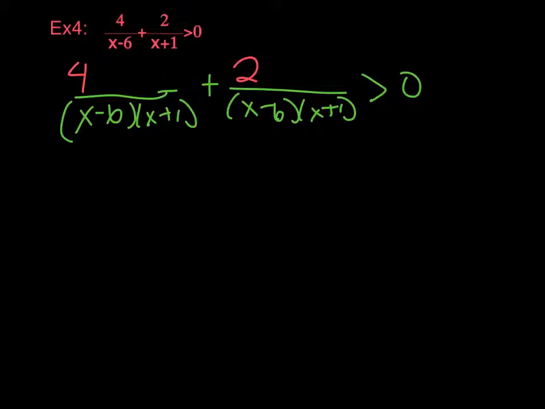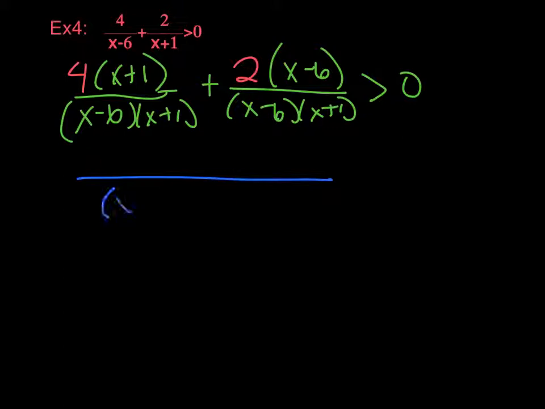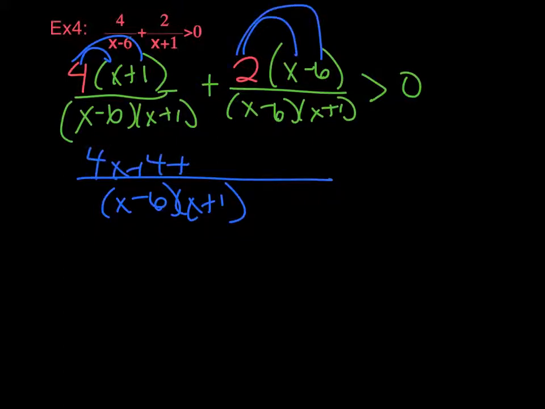Now I need an x plus 1 in my numerator on the left, x minus 6 in my numerator on the right. When I combine them into 1, that's going to distribute. It's going to give me 4x plus 4, 2 times x, 2 times 6, so 2x minus 12, greater than 0.